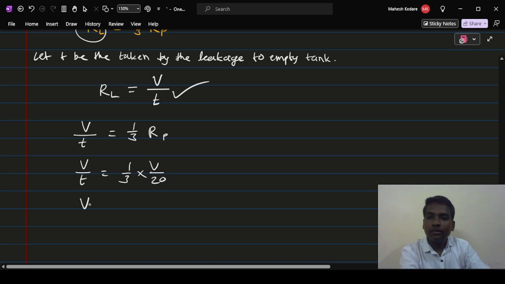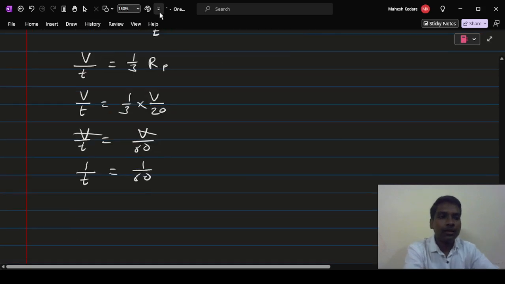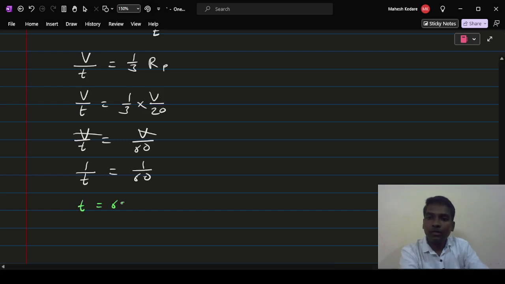And this gives us V divided by T equal to V divided by 60. V gets cancelled and we get 1 divided by T equal to 1 by 60. And finally we have the value of T equal to 60 minutes.